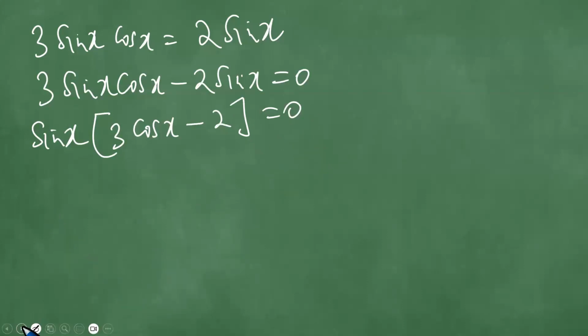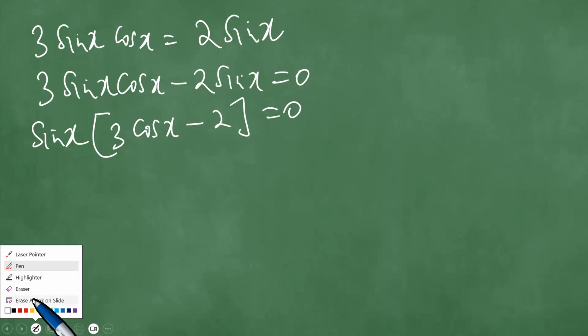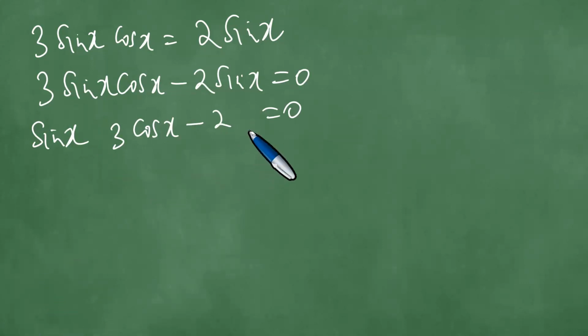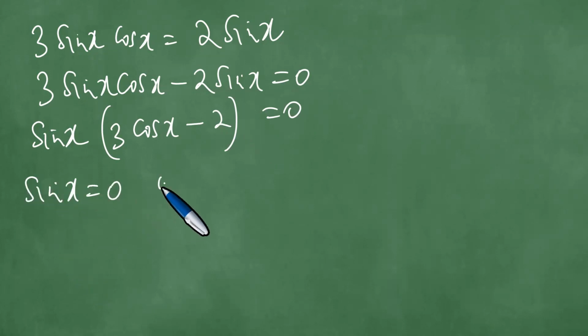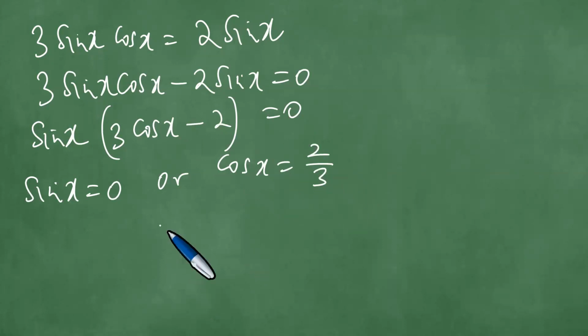Next, what do we do, Tando? Okay, at this point we equate each factor to 0, which means sine x equals 0, or this one equals 0, and this means cosine x equals 2/3.